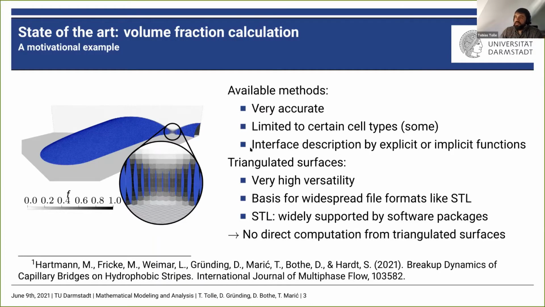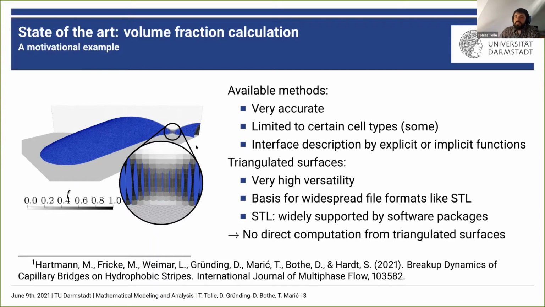This can be the case that it is given by an explicit or implicit function or a composition of multiple such functions. Then there's a variety of methods available in the literature. Some of them are limited to certain cell types, for example, Cartesian cells. But this is state of the art, I would say.